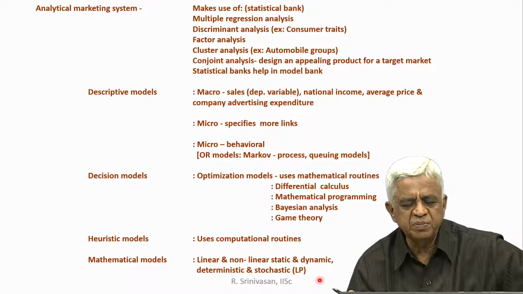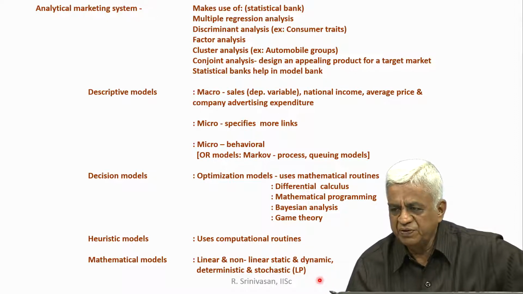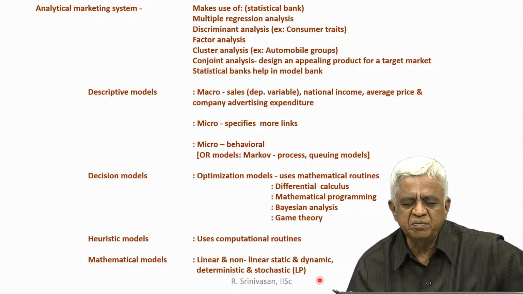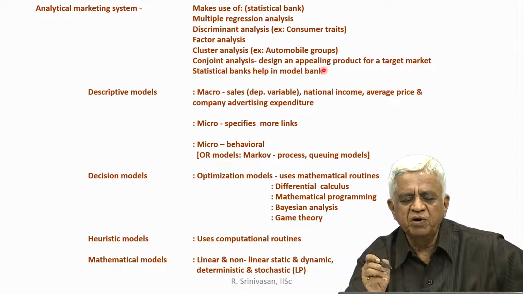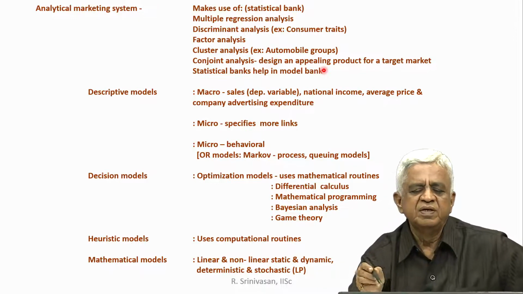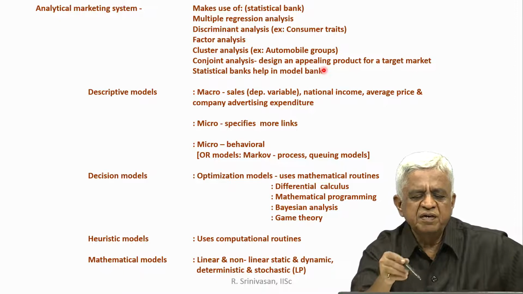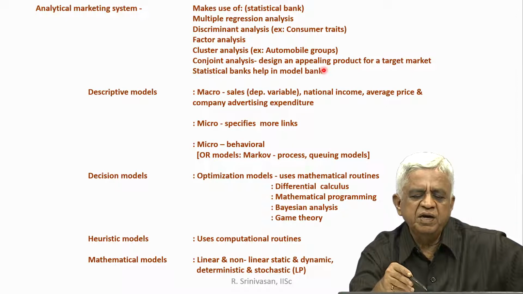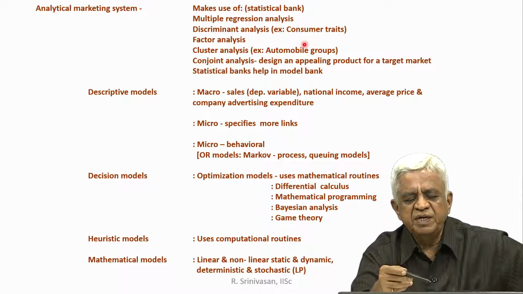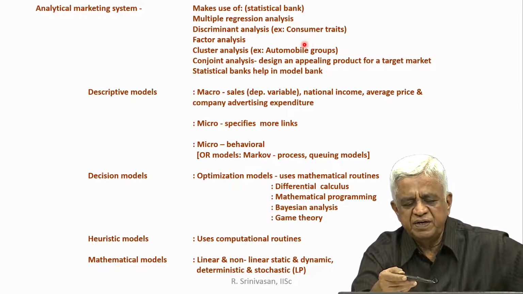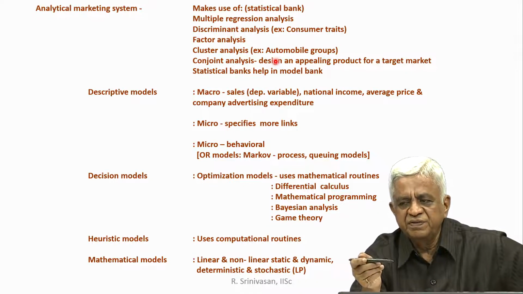So, just to recap all this, we make use of statistical banks. The statistical banks help in developing a model bank. These statistical banks basically make use of multiple regression, discriminant analysis, factor analysis, cluster analysis and conjoint analysis.